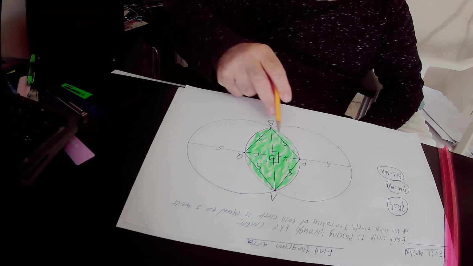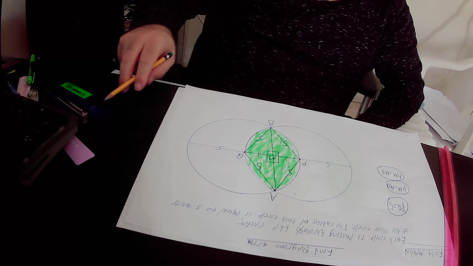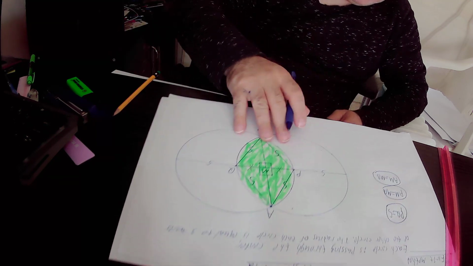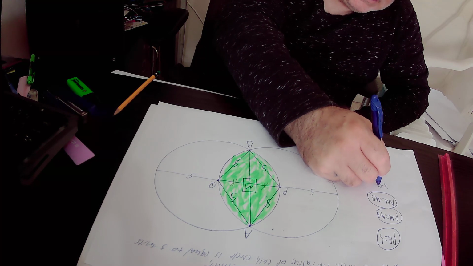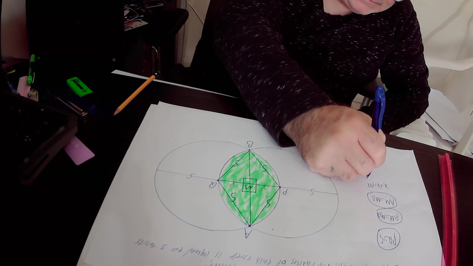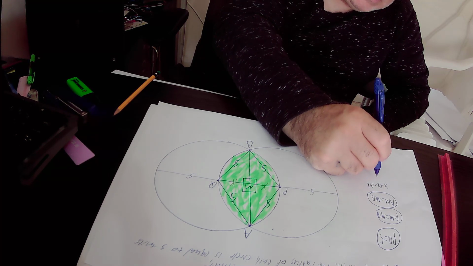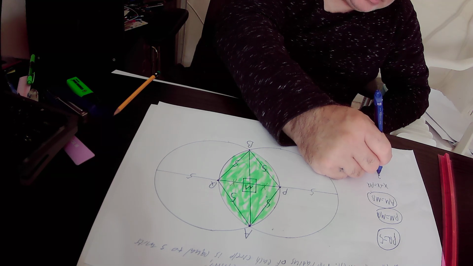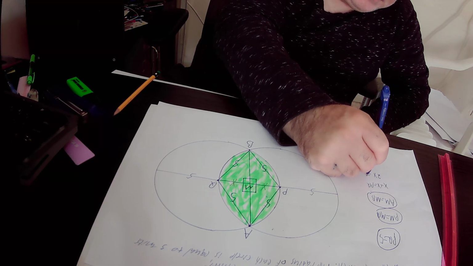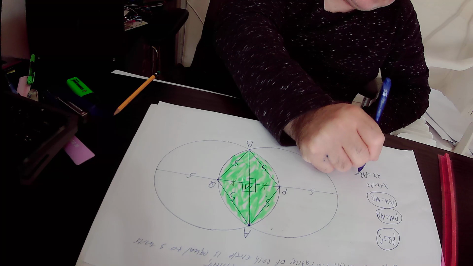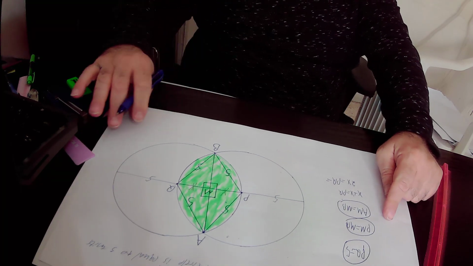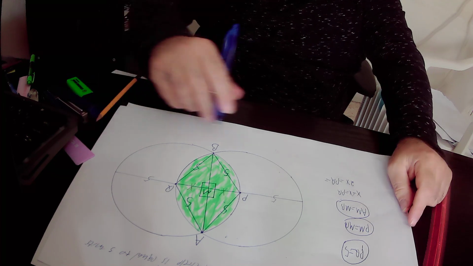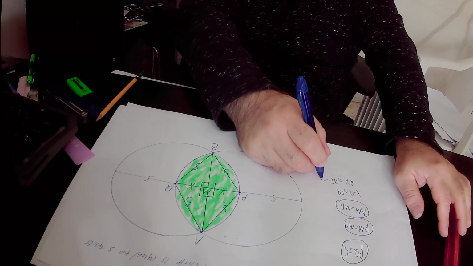And we know that x plus x equals PQ. x plus x is 2x, so 2x equals PQ. But we have already found out that PQ equals 5 units.